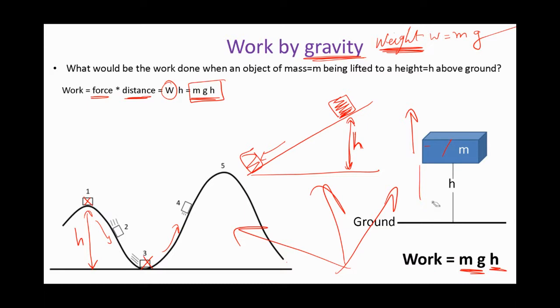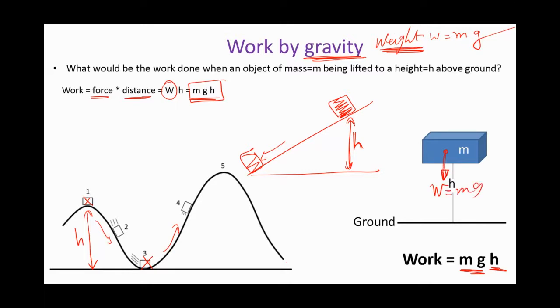Let's take the first example here. The direction of weight is what? W equals mg downward. Let's say the object falls down. It was at a certain height and then it moves to another height. What is the distance here? The distance is the height. So what is the work done by the force?